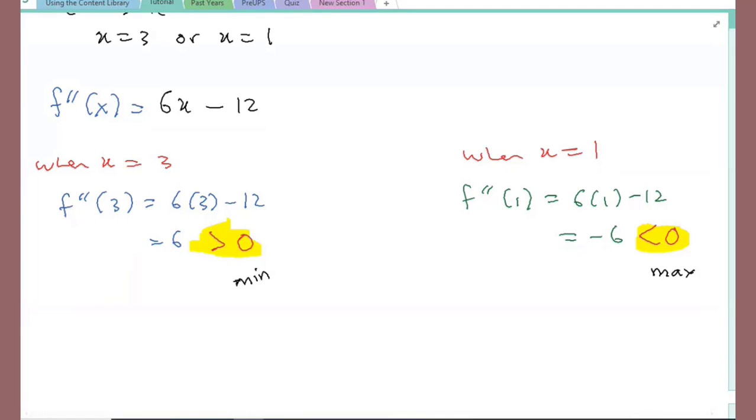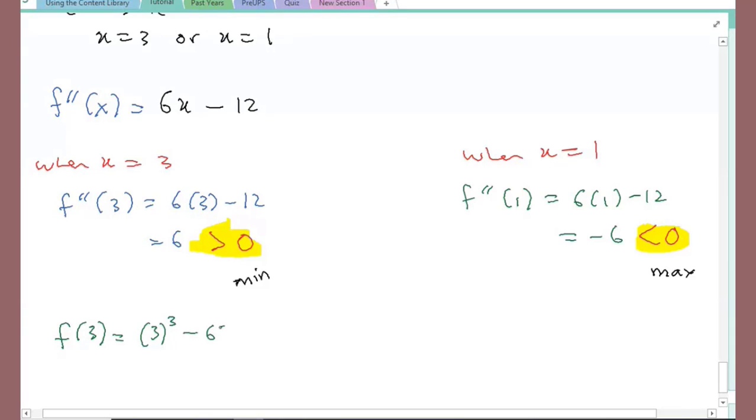Okay, f of 3, substitute. 3 cube minus 6 times 3 square plus 9 times 3 minus 3.